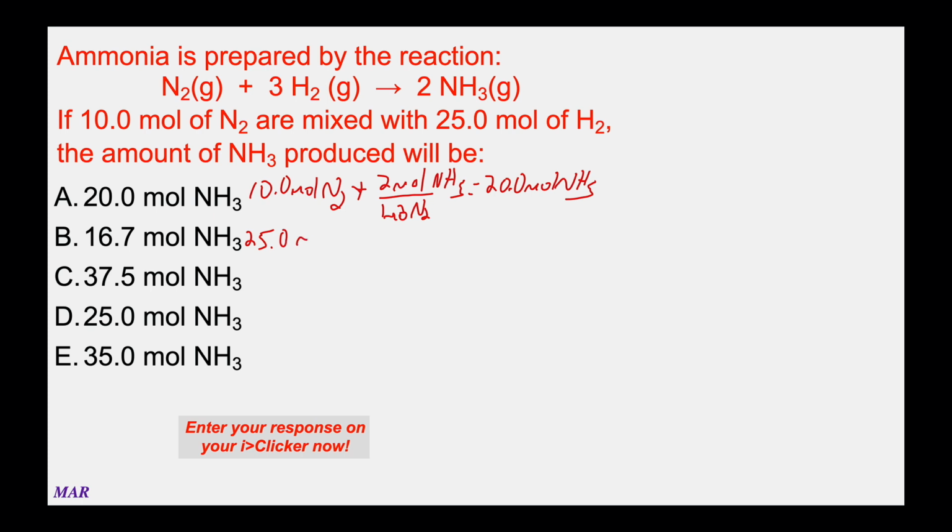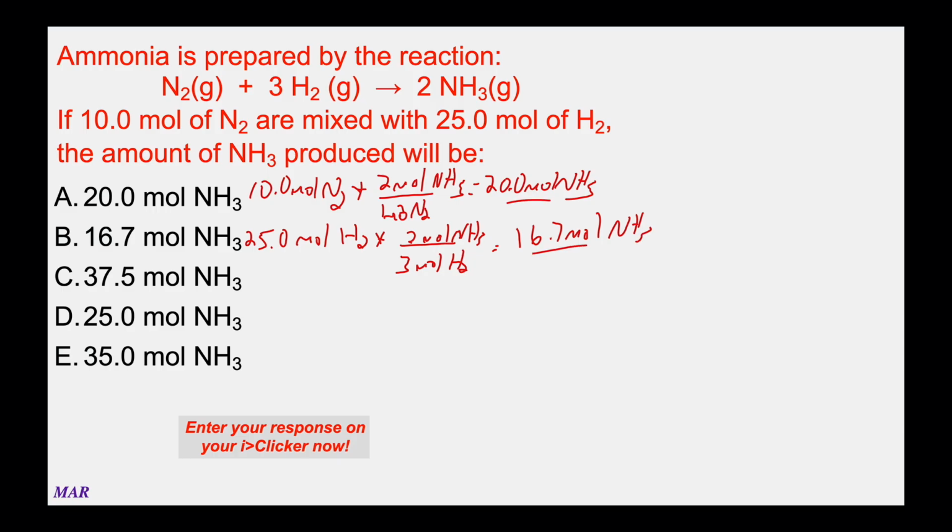So you can start with 25 moles of H2, and there are 3 moles of H2 for every 2 moles NH3, and again the 2 and the 3 just come from the balanced equation. I'm going to take 25, multiply it by 2 over 3, and sure enough, I get 16.7 moles NH3.